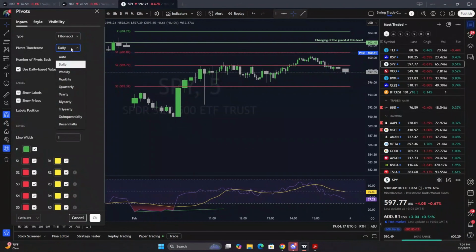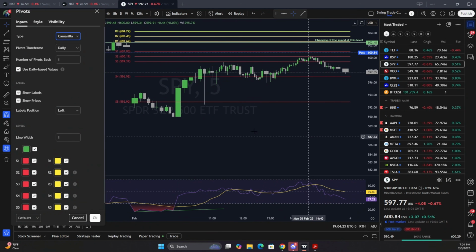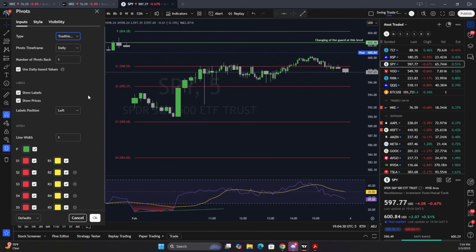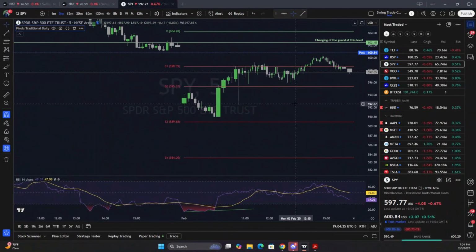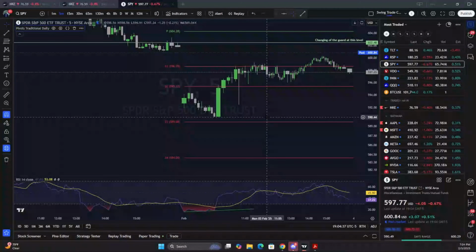If you want to use the Camarilla, which I never have and I'm not a fan of, you can. But I personally like keeping it simple, and I like using the traditional pivot points, which I have found are a lot more accurate than anything else. They work for me, and I find them to be better than the others.